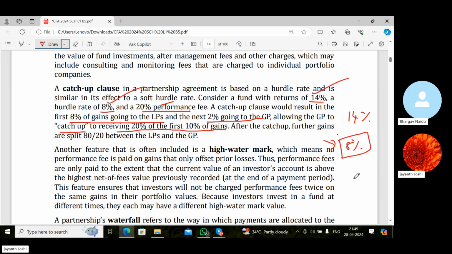The next 2% goes to the general partner, allowing the general partner to catch up to receiving 20% of the first 10% of gains. After the catch-up, further gains are split 80-20 between limited partners and general partners.